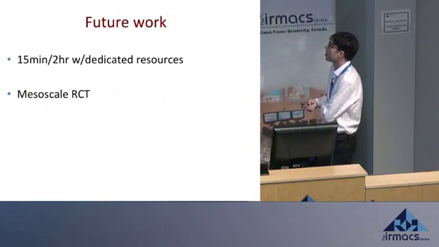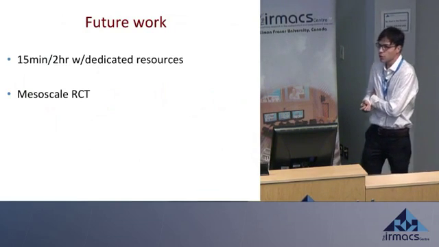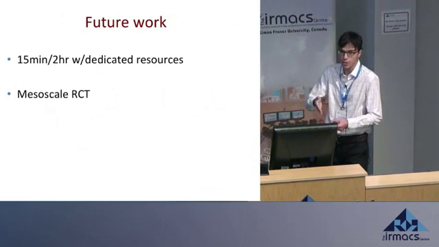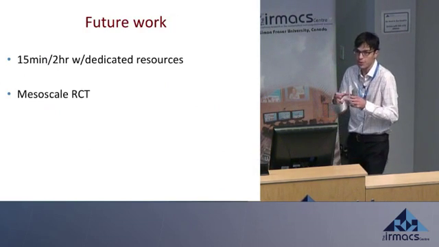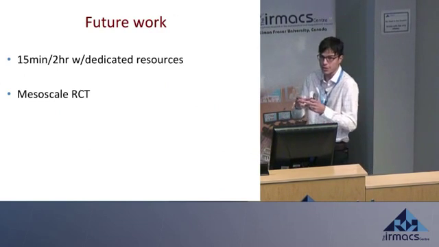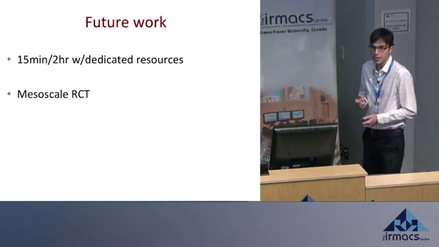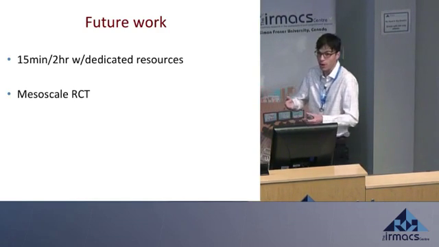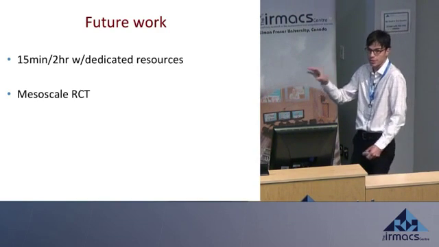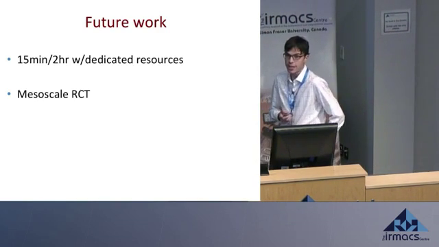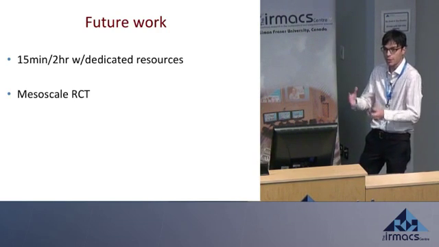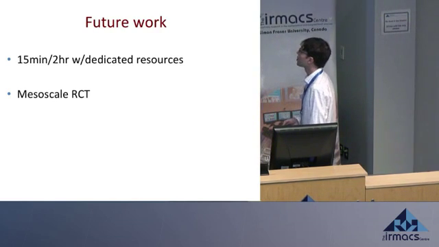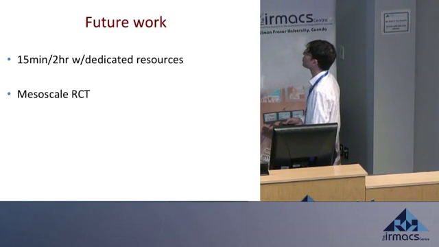So one idea might be a mesoscale randomized controlled trial where you divide the city into larger grids, not 150 meter by 150 meter, but maybe a couple kilometers by a couple kilometers. And then you do the hotspot randomized controlled trial technique where you assign half of those to treatment and half to control, and then you do predictive policing within those mesoscale regions. And that might be a way to measure if you can holistically reduce the crime rate by focusing on a few micro-scale locations each day. So that's one thing we want to do in the future.